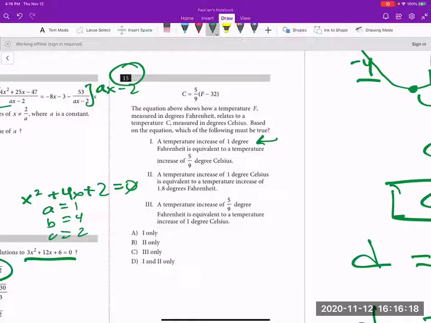So let's plug that in. 1 minus 32, so minus 31.